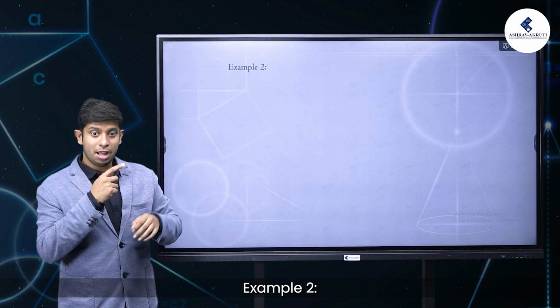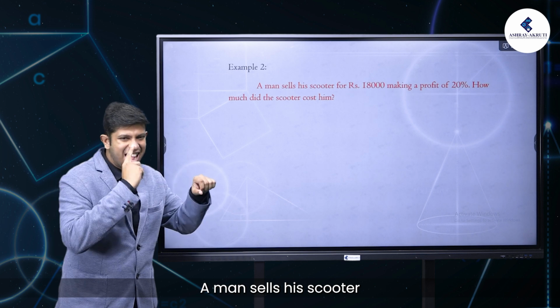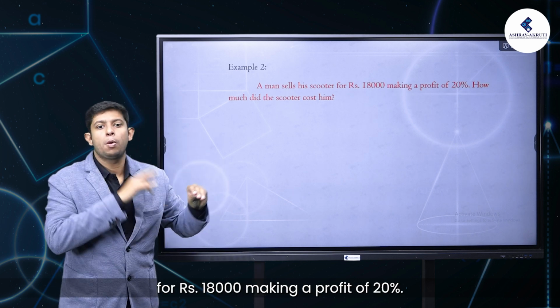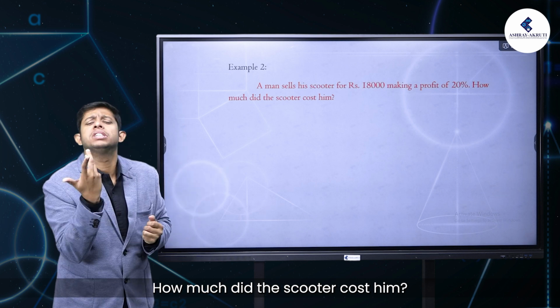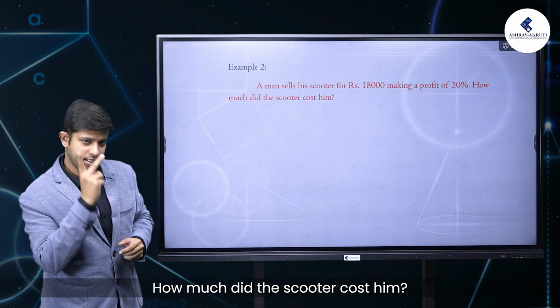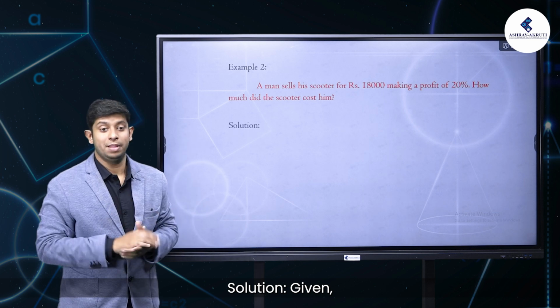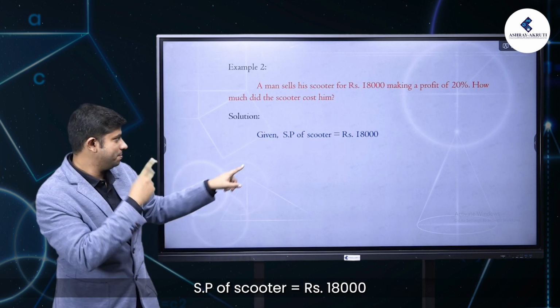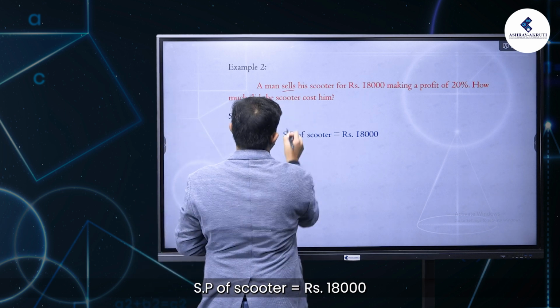Example 2. A man sells his scooter for Rs 18,000, making a profit of 20%. How much did the scooter cost him? Solution. Given. Selling price of scooter equals Rs 18,000.